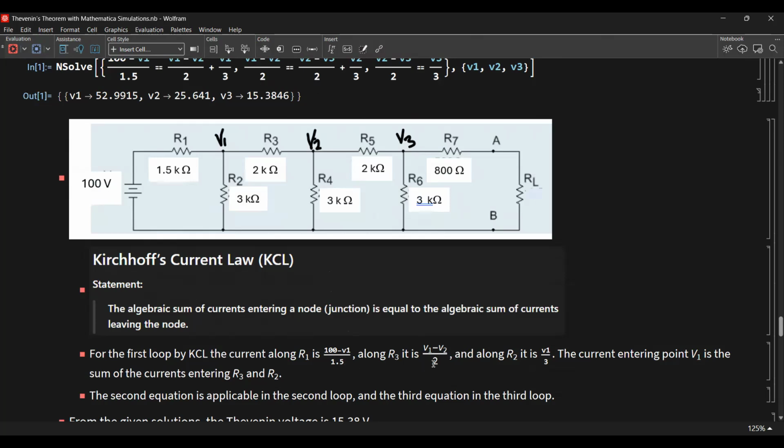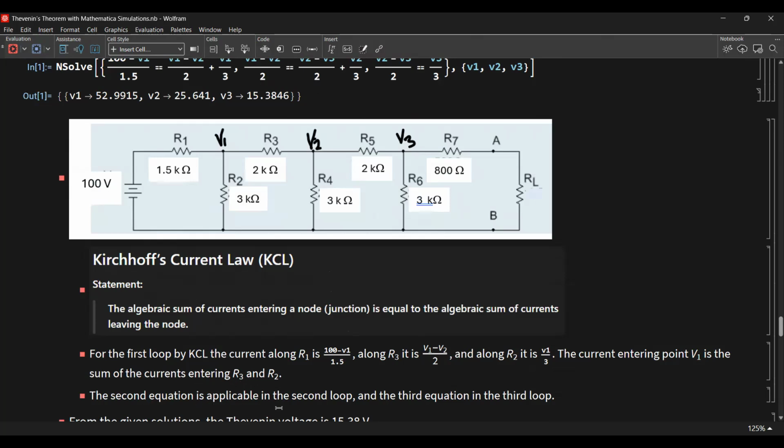So along R3, it is V1 minus V2 over 2. All right. And along R2, it is V1 over 3. So the current entering the V1 is the sum of the currents entering R3 and R2.